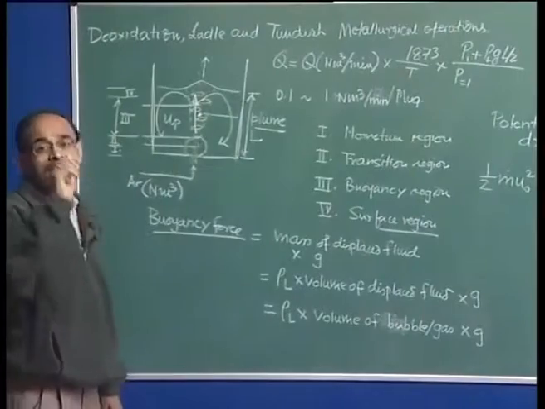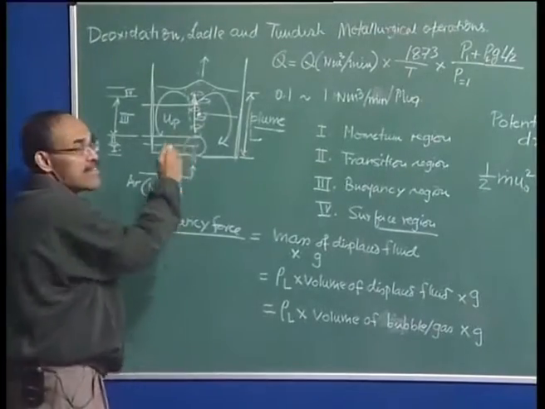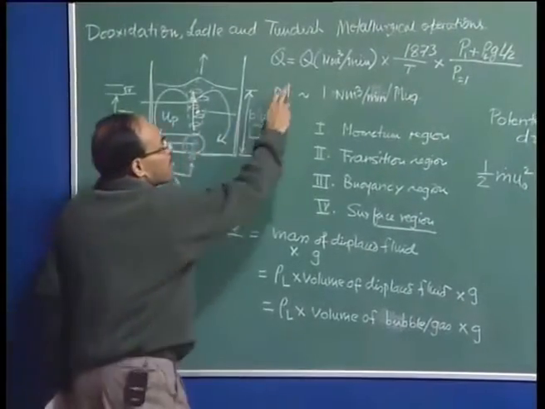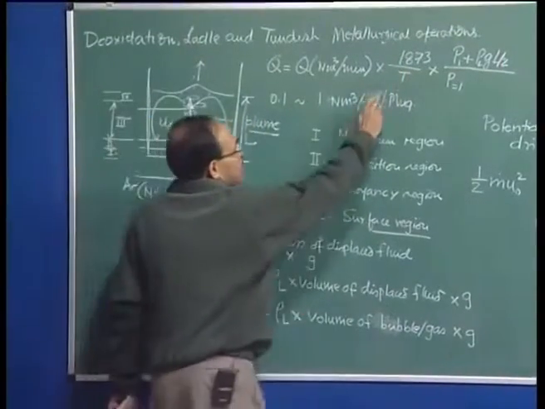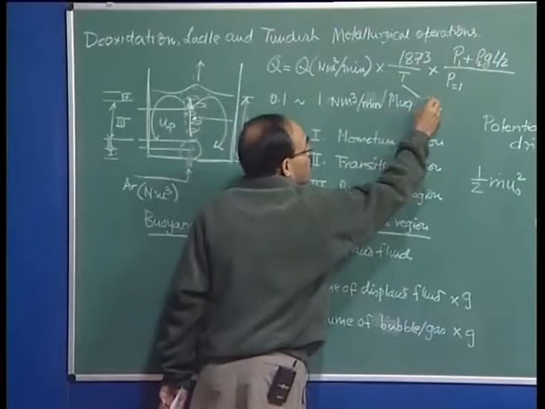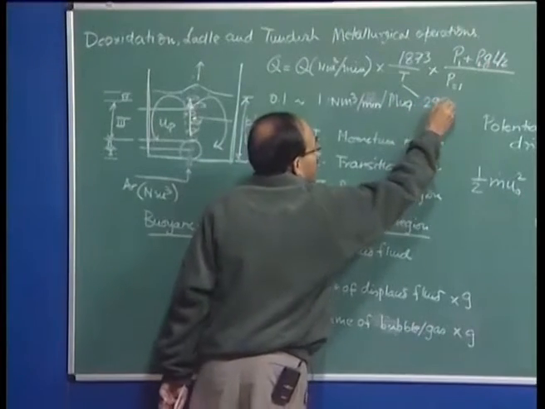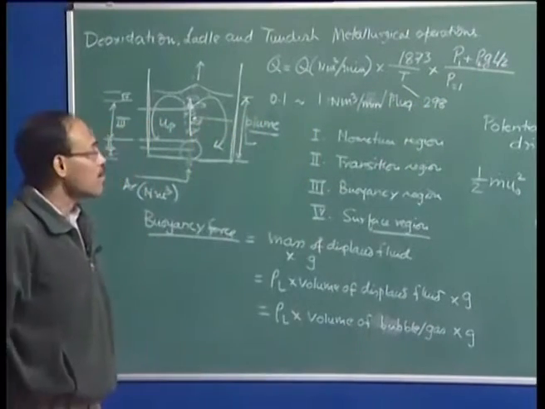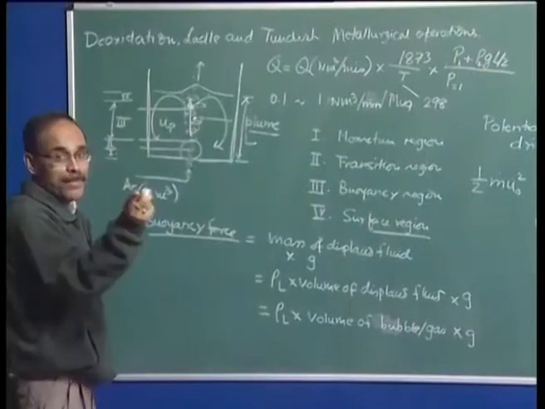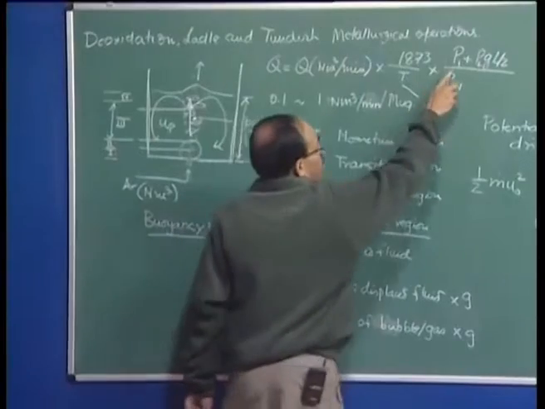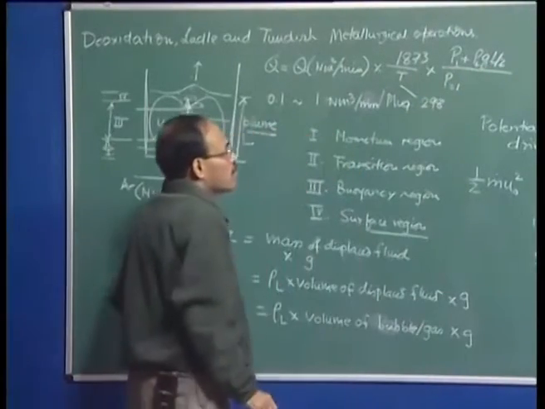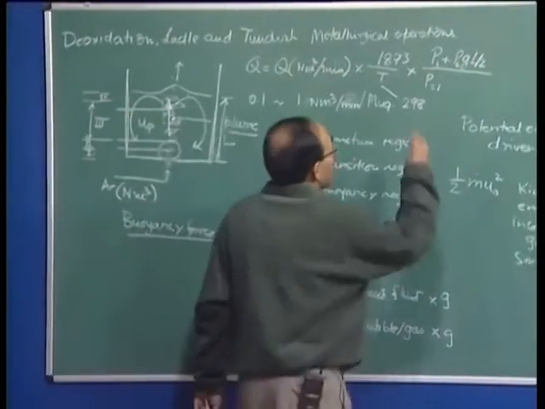And I am saying that the gas in this system immediately attains the mean bath temperature, which is 1873 kelvin, and this T is the normal temperature. So this is equal to 298, 273 plus 25 degrees centigrade. Normal temperature and pressure, so it is 1 atmospheric pressure. Sorry, this is going to be the other way around.